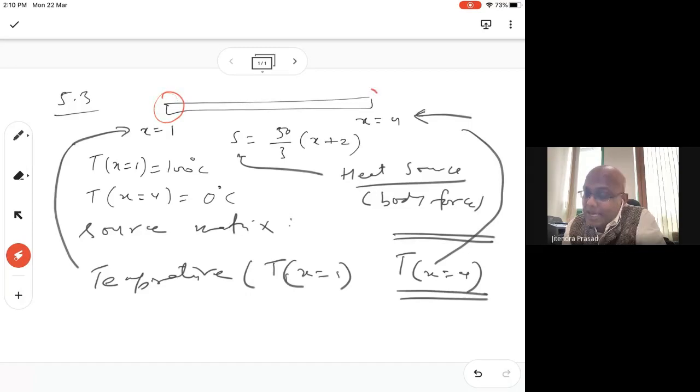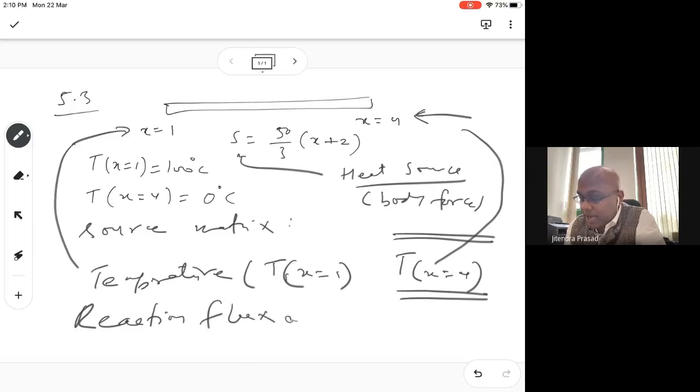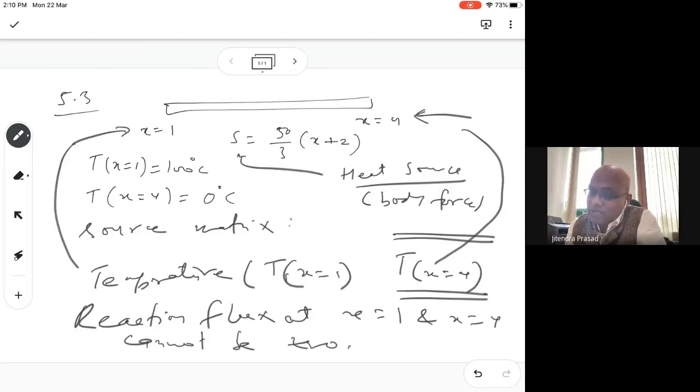Temperature will be maintained only when there is some flux automatically, which we call reaction flux. So the reaction flux at x equal to 1 and x equal to 4 cannot be 0, otherwise you cannot maintain it.